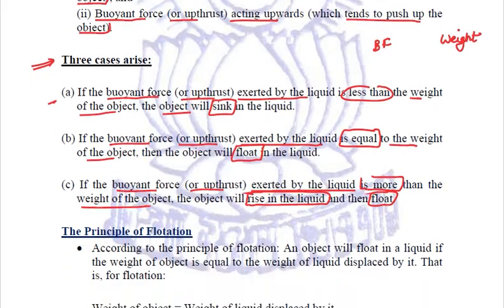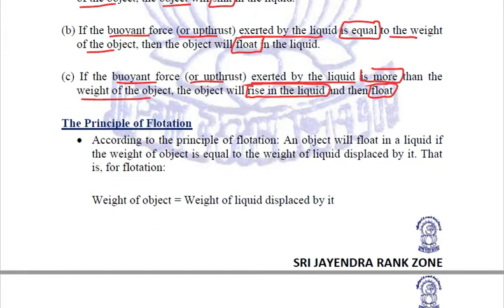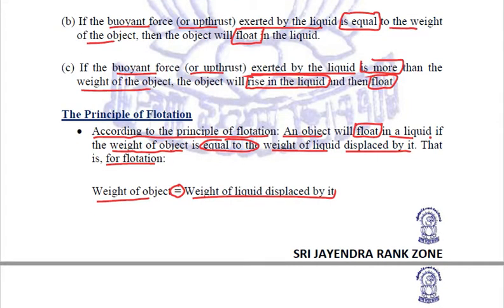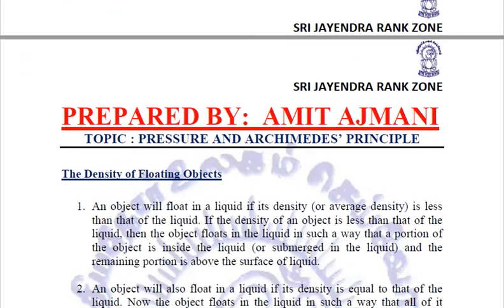Let us try to understand the principle of flotation. According to the principle of flotation, an object will float in a liquid if the weight of the object is equal to the weight of the liquid displaced by it. That means in order to float, the weight of the object should be equal to the weight of liquid displaced by it. This is the principle of flotation.